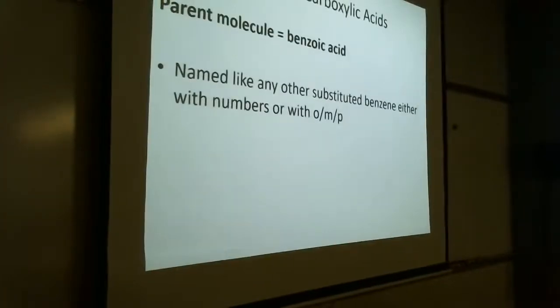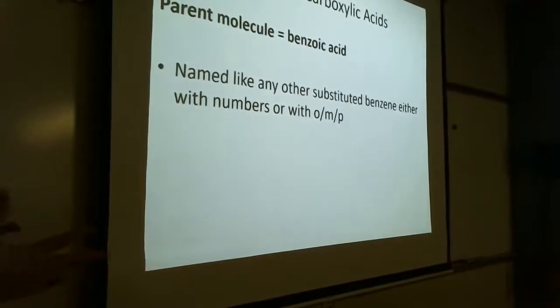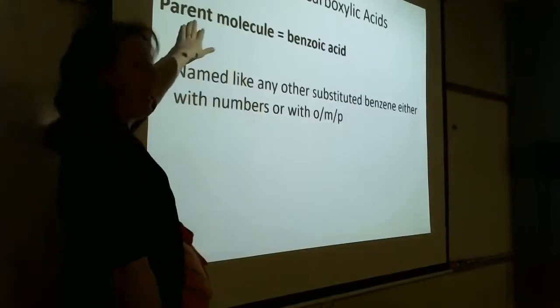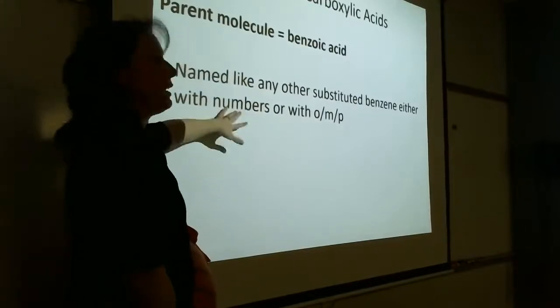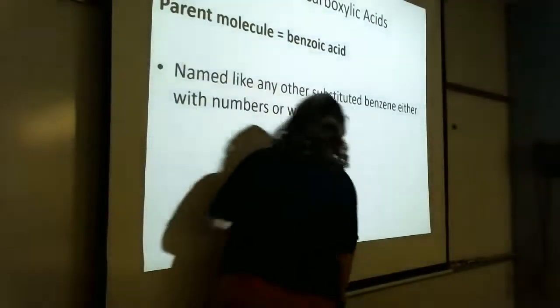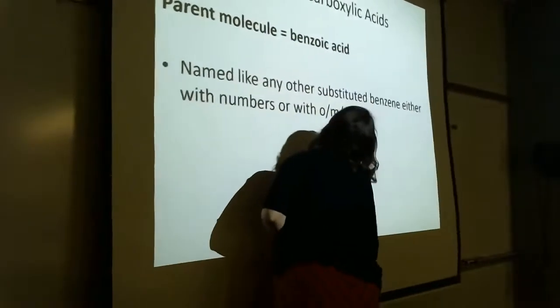And if we're talking about aromatic, right? So if the parent molecule is a benzene ring, then we would call that benzoic acid, right? And then we would have any other substituents on there, just like we've already talked about.